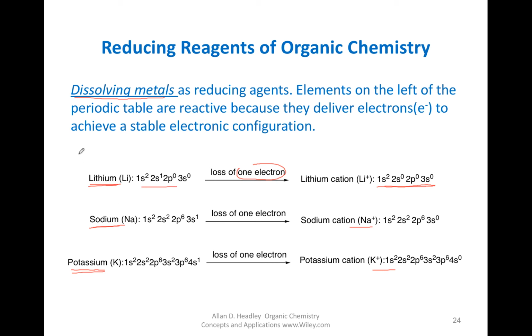So the bottom line is that these elements are extremely reactive because they give up electrons, and we know from definition that a species that gives up electrons is a reducing agent. So these are all extremely strong reducing agents because of the potential to deliver electrons.